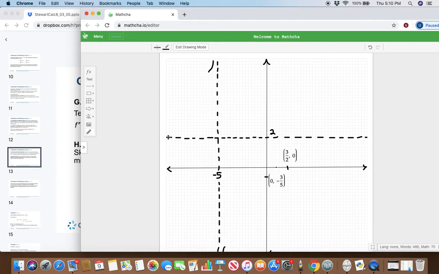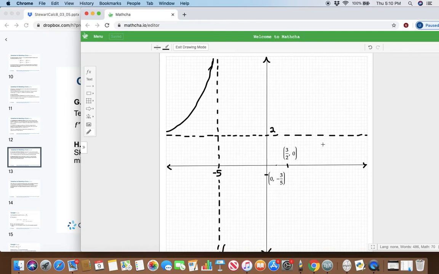So this is my horizontal asymptote, and this is my vertical asymptote. I'm going to height 2 as x approaches negative infinity.